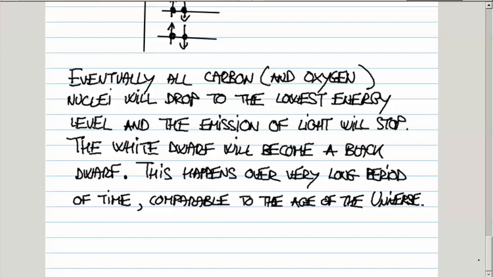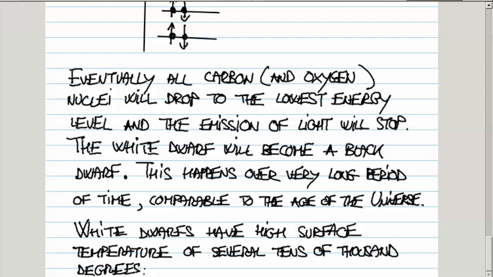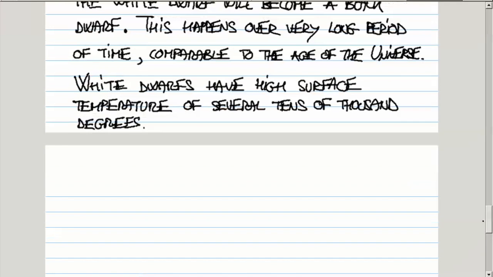Okay, so white dwarfs have high surface temperatures, on the order of several tens of thousands of degrees. And being so hot, they emit a lot of energy at ultraviolet wavelengths. Remember Wien's law, at least those of you who took Astronomy 1P01. The wavelength of light at which the body emits most of the energy depends on the surface temperature.